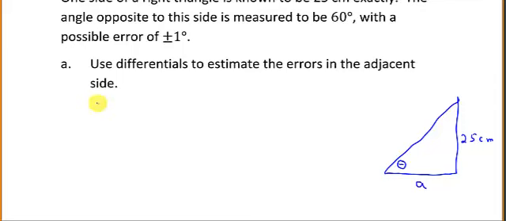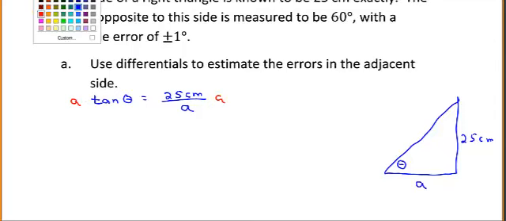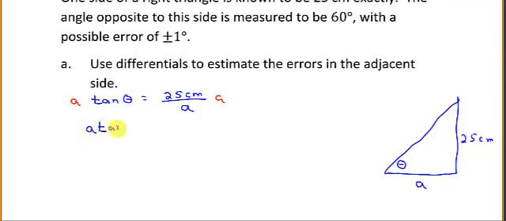Well, we know that tangent of theta is equal to 25 centimeters, the opposite side, over A, the adjacent side. If I multiply both sides by A, I would get A times tangent of theta is equal to 25 centimeters.